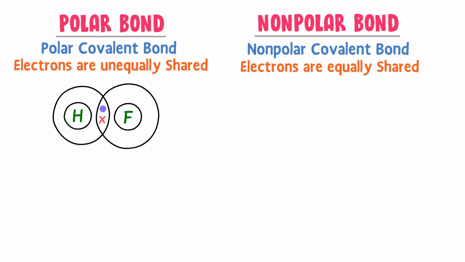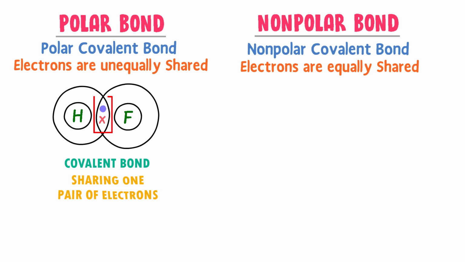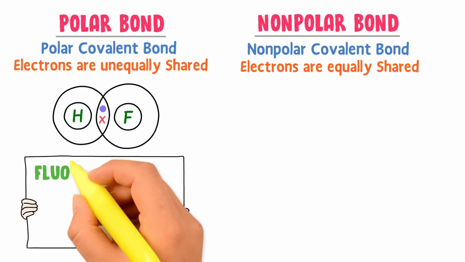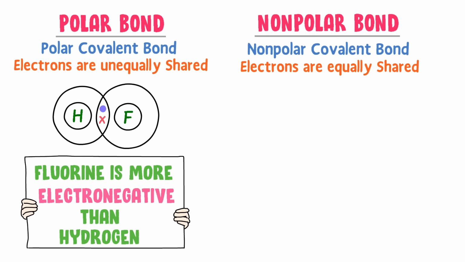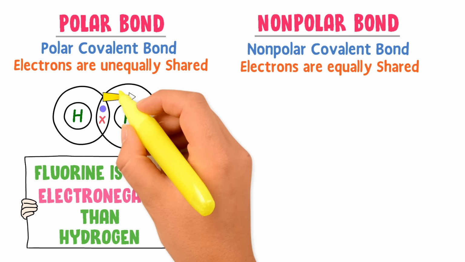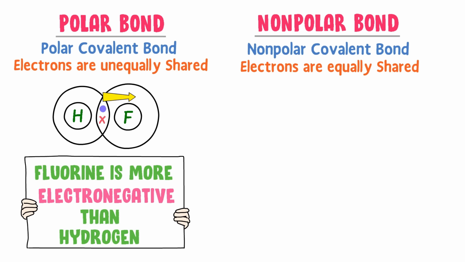Hydrogen atom and fluorine atom form a covalent bond by sharing one pair of electrons. Now listen carefully. Fluorine atom is more electronegative than hydrogen. It means that fluorine atom pulls the shared pair of electrons more towards itself than hydrogen.